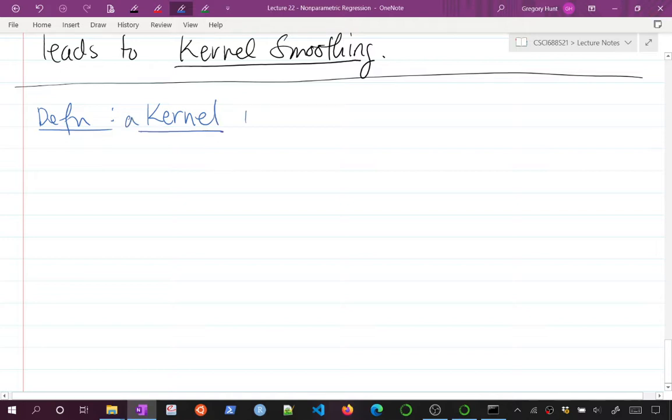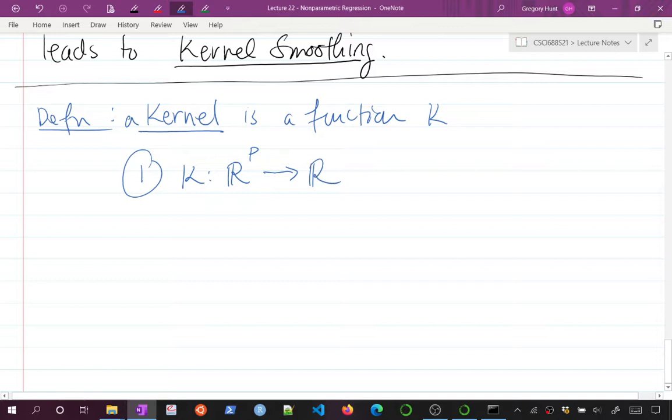So we can say a kernel is a function K, and typically it's going to be a function from R^p, the dimension of our x's, to R. So it's a p-dimensional, real-valued function, and it is positive.